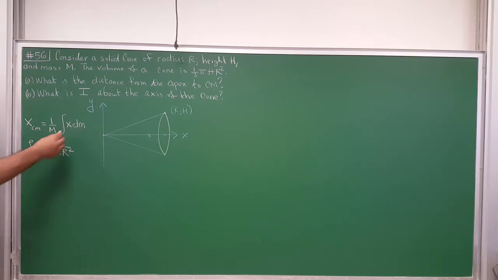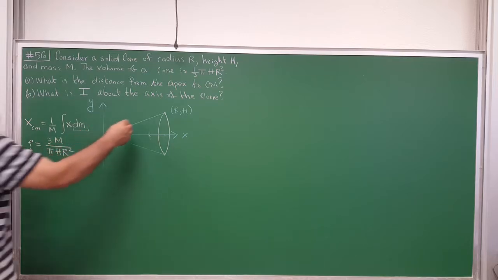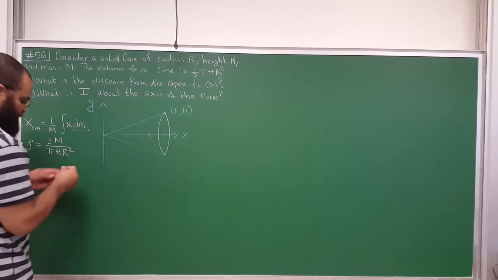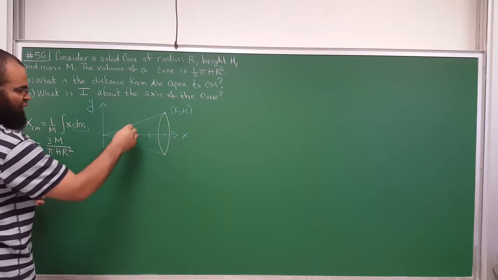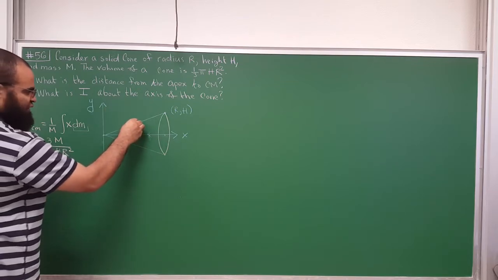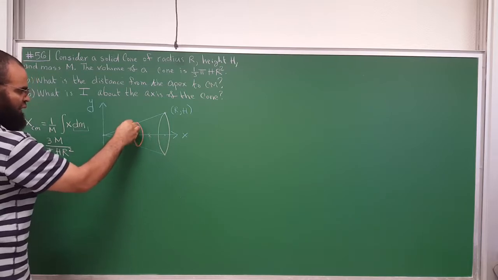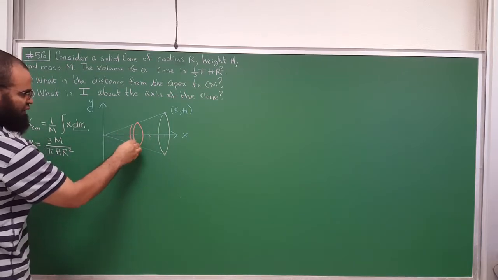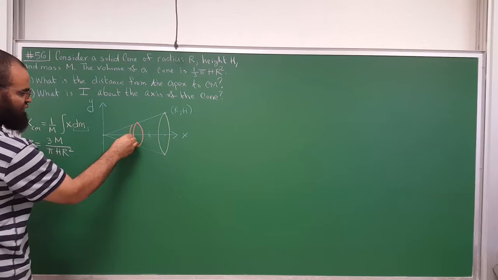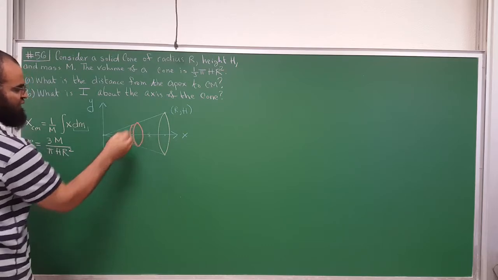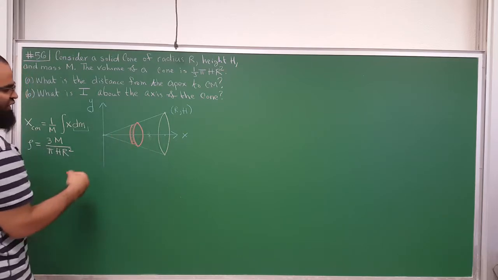Now, how much is dm? Well, dm is how much mass is contained in a circular cross section of the cone of thickness dx. So here is the circular cross section of the cone, and it will have thickness dx. How much mass is contained here?